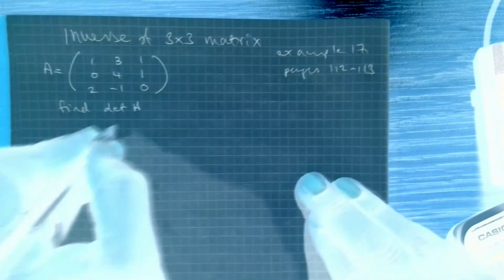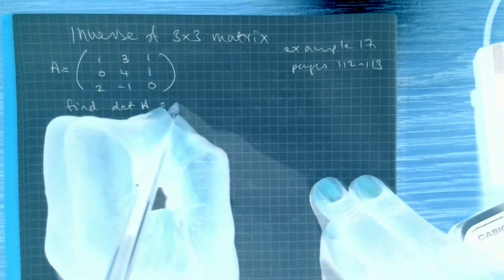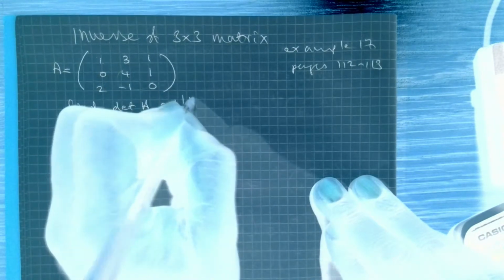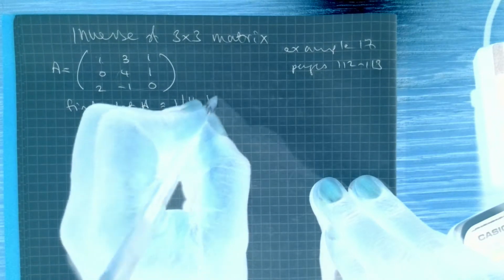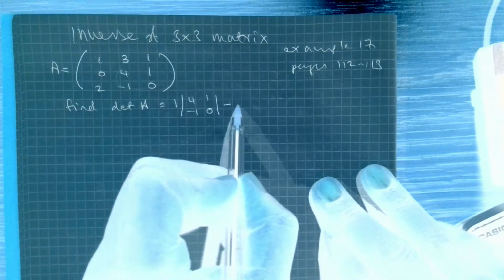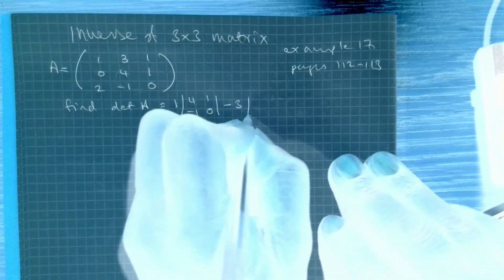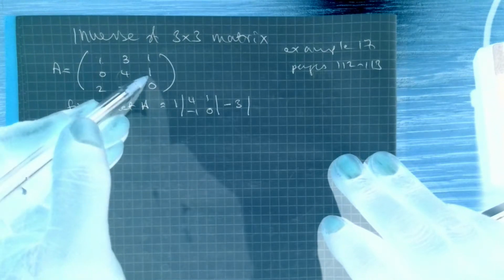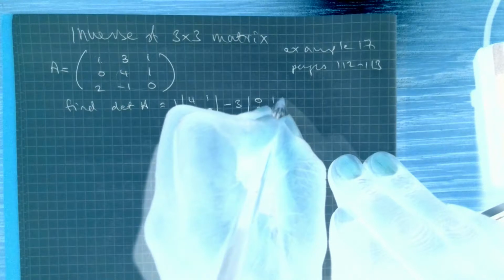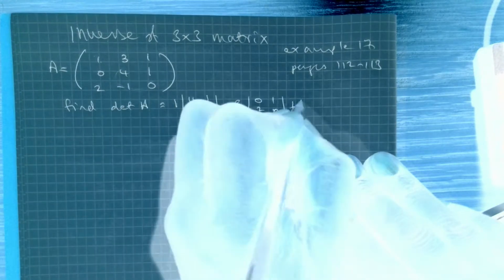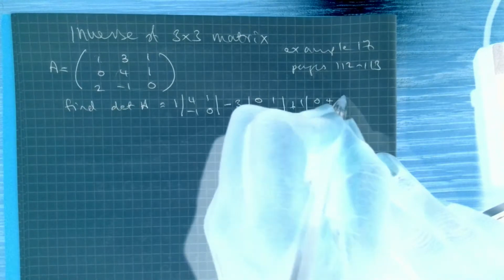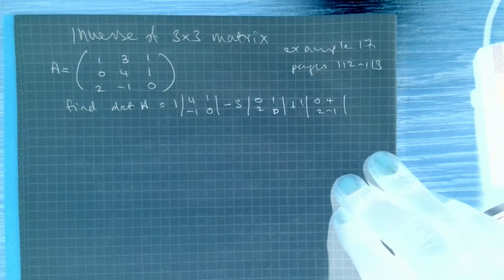So that's going to be 1 times its minor, which is the determinant of this, 4, 1, minus 1, 0, minus, and it's always minus, so if this was negative 3, you'd put minus minus 3, and its minor is going to be 0, 2, 1, 0, and then plus 1 times its minor, which is 0, 4, 2, minus 1. This is just to find the determinant of that.